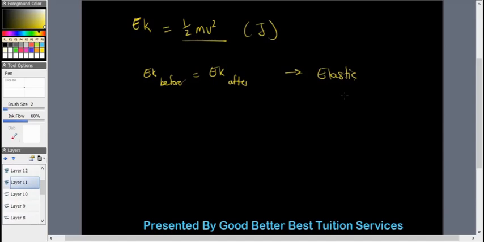When they collided, the kinetic energy is still the same as it was before, i.e. it doesn't change. Then we have what is called an inelastic collision. If there was kinetic energy lost, in other words the value after was less than before, in other words it was not equal, it would be considered inelastic.